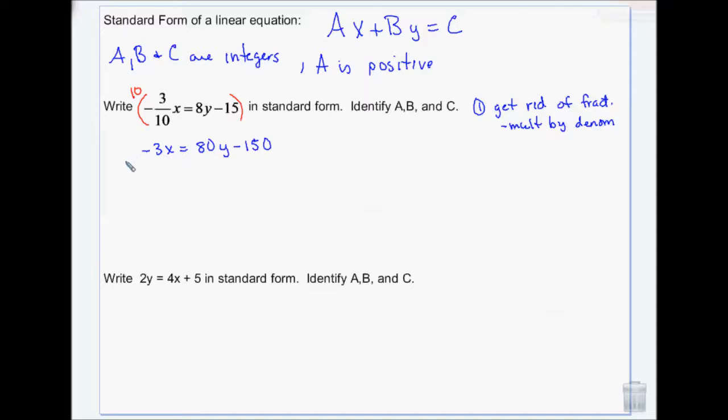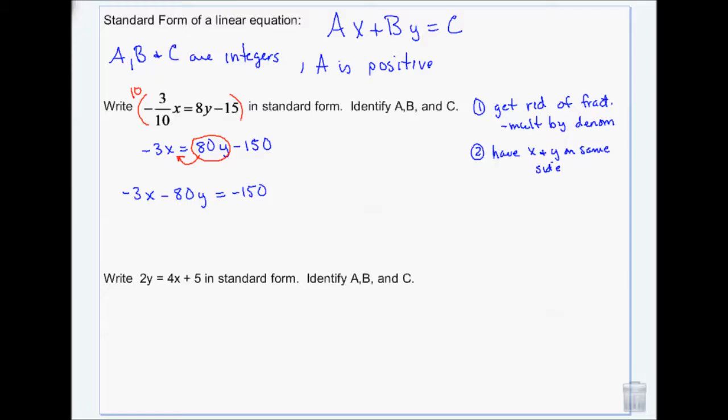Okay. The next thing I want to do is have the x and y on the same side, because I want it to be something x plus something y equals some number. So the second thing I need to do is have x and y on the same side. I'm going to subtract, or I can pick it up and move it, but if I move it, I have to change its sign. So I have negative 3x minus 80y equals negative 150.